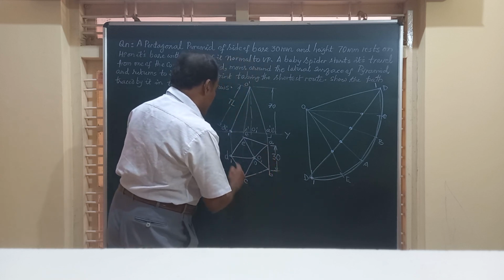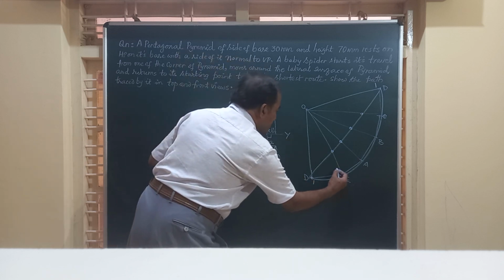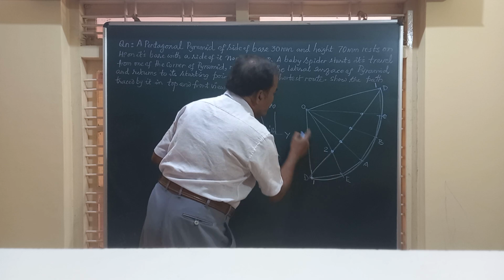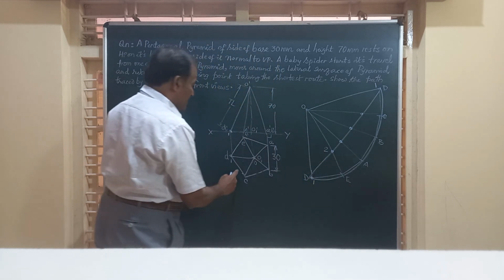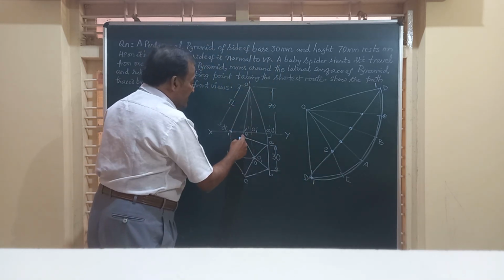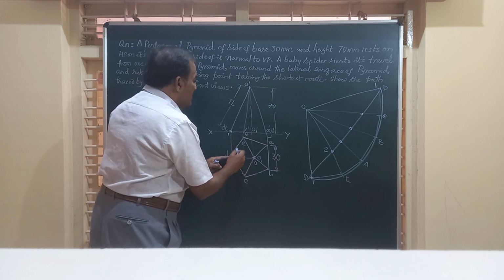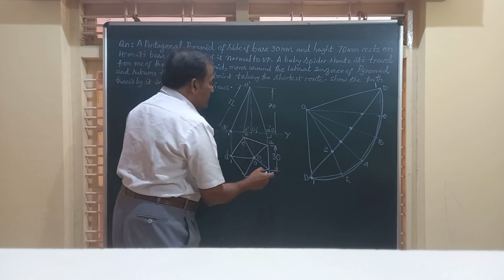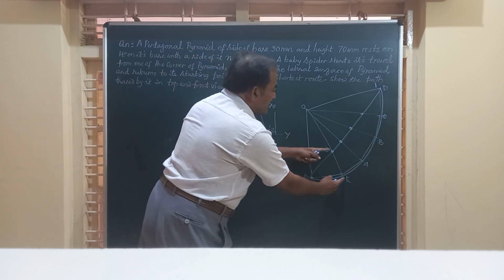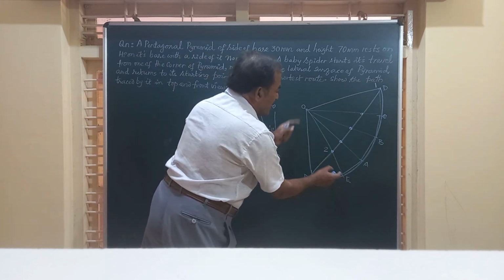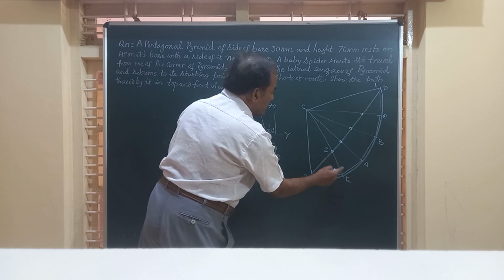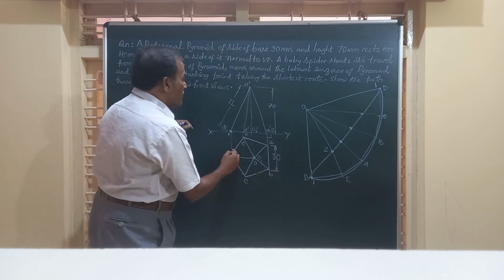A, B, C, D, E, OE. Okay, we'll take this point on OE. So OE is here, that's O dash, E dash. It will start from here and then go up to this. So I have to just transfer this distance on OE, that is 2 to E. 2 is to be marked on OE.